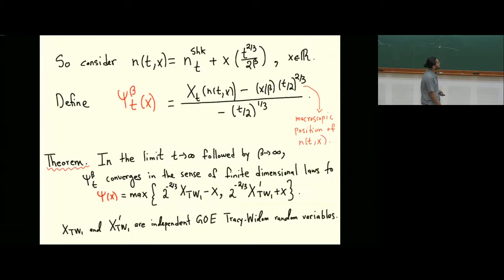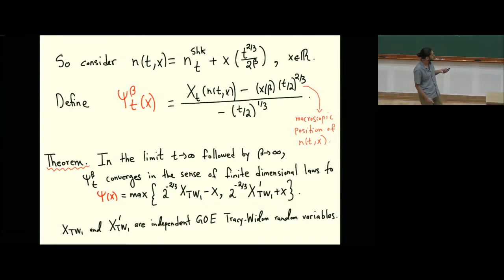All right. So if you want to study this process, you now index particles by time and space. You take n shock and you look at particles whose numbers are within t to the 2/3 of n shock. Let's call that ntx. And x is the distance measured on scales of t to the 2/3, and there is the beta here.